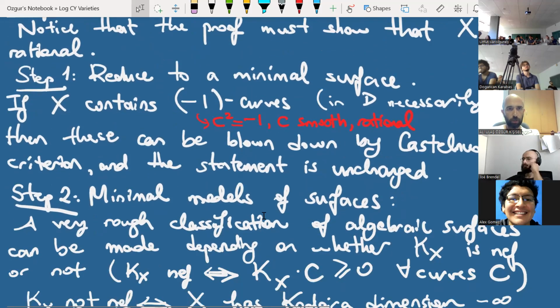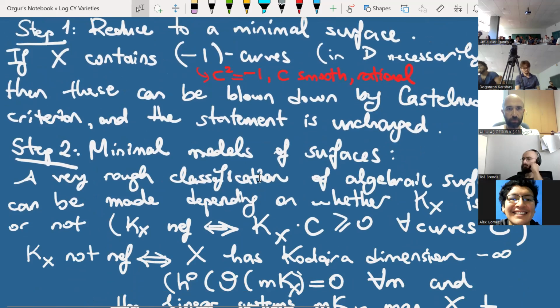Now, next, let's look at minimal models of surfaces. Well, this is not the first way surfaces were classified in history, but you could do first a very rough classification of algebraic surfaces by looking at whether the canonical class is nef or not.